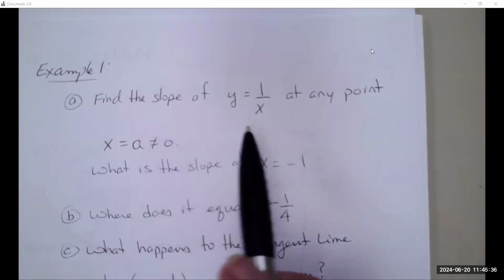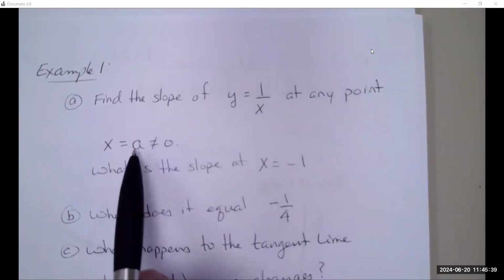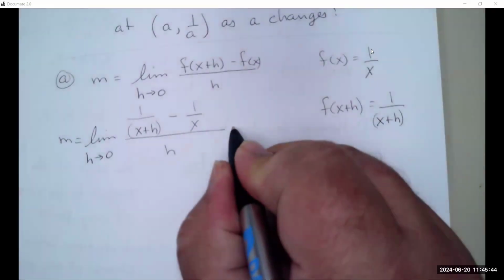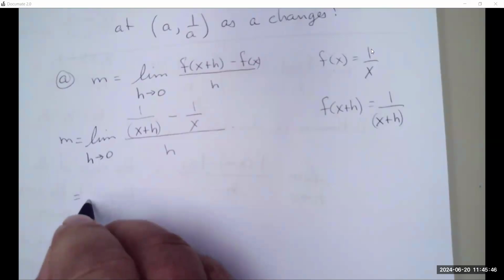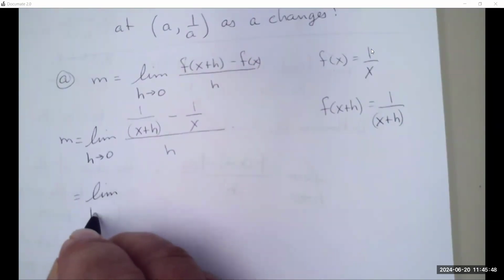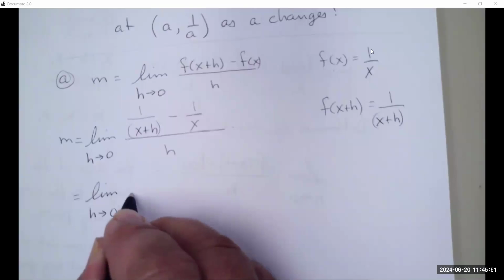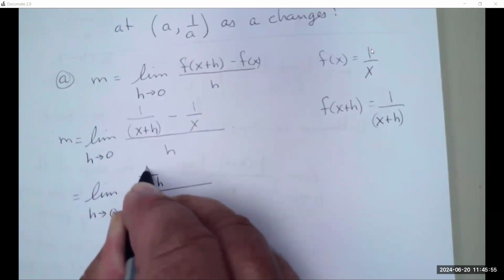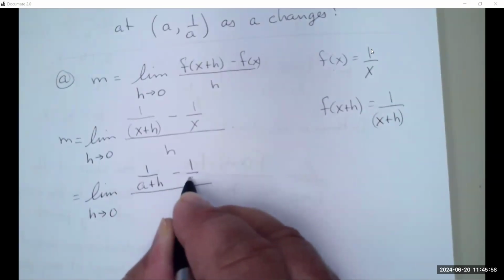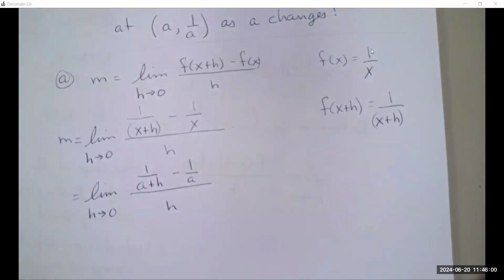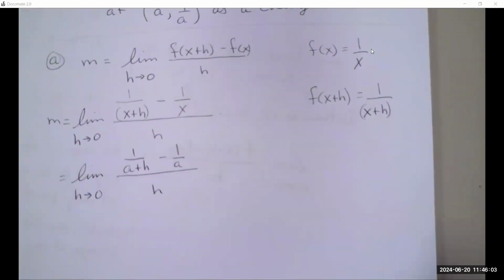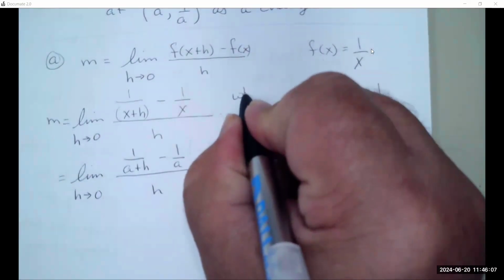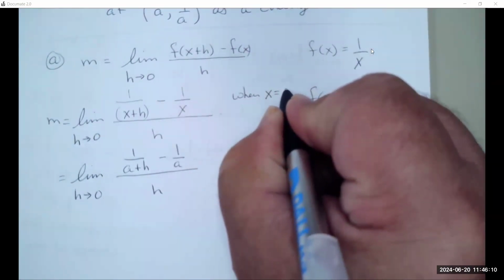It says find the slope of this function at any point x equals a. So anywhere we see an x, what do we put in its place? A. This is saying when x equals a.